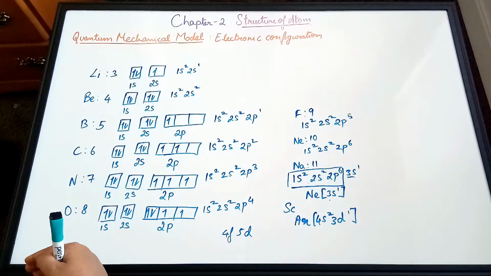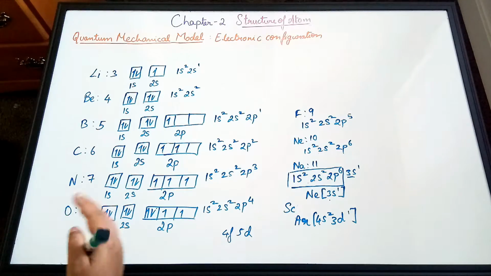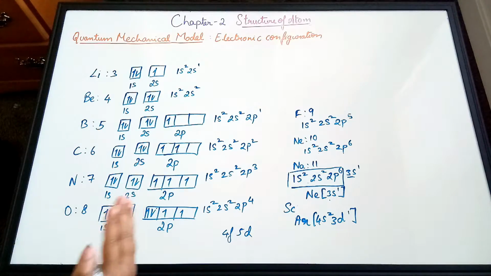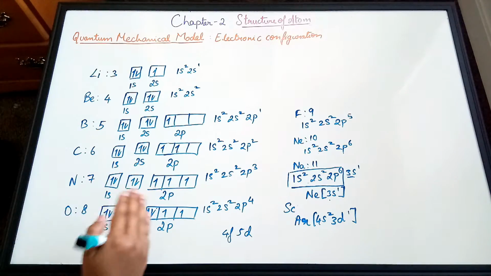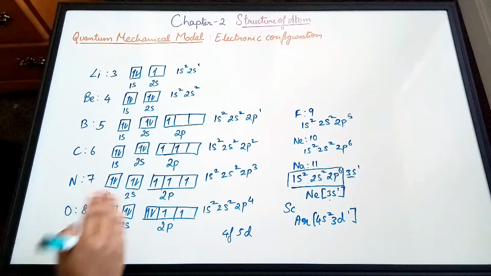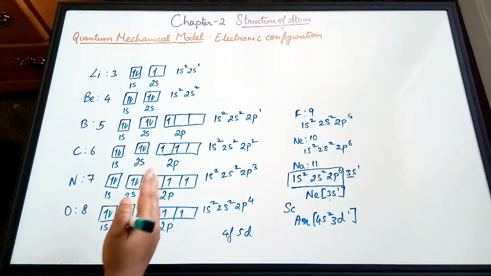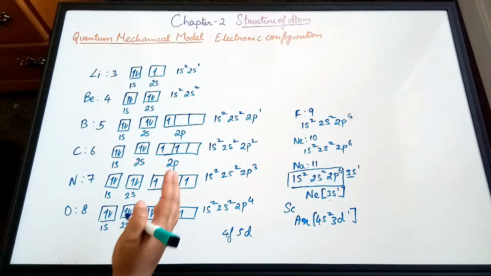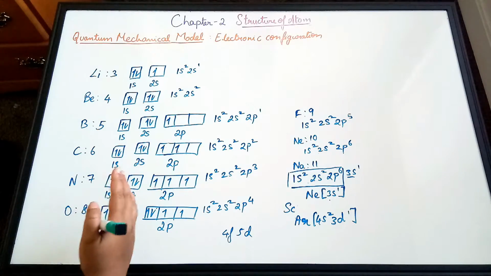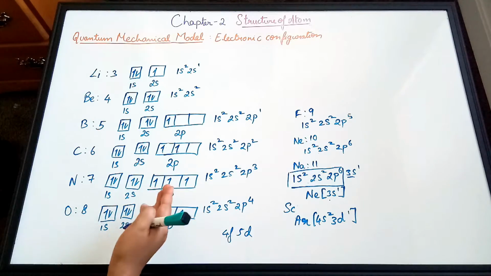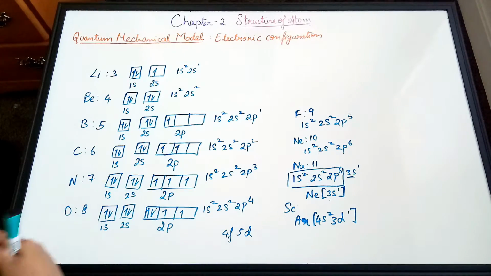The electronic configuration might feel a little difficult right now, but this forms a very important part for reactions. Not only that, the electronic configuration is the basis for the periodic table. So if you understand the electronic configuration, you will be able to understand the periodic table itself.